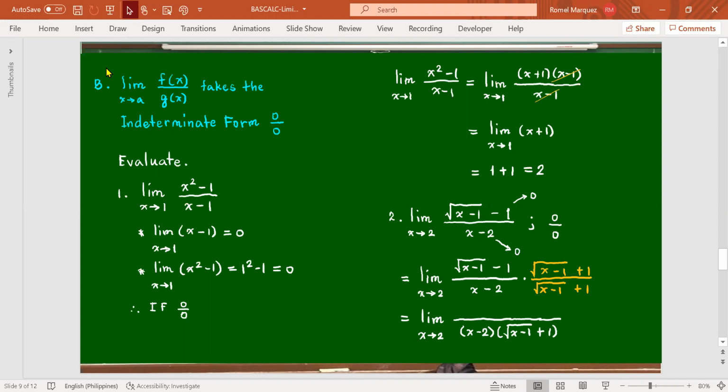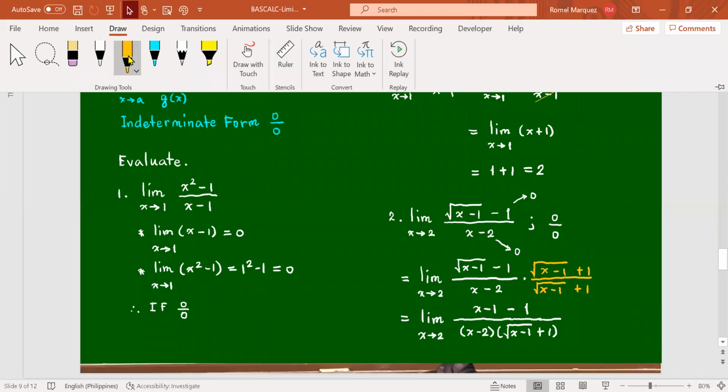A minus B, A plus B form. What's the product? Square the first, so x minus 1, minus square of the second, so minus 1. And this is what? X minus 2. So I can now cancel that, right?